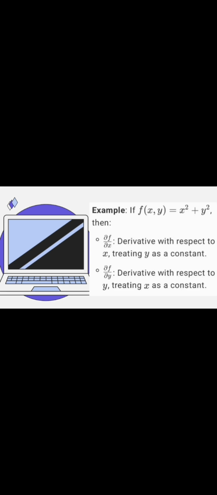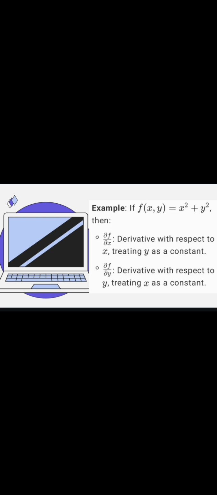We will get its partial derivative with respect to x, treating y as a constant. And for y, this is the partial derivative of our function f with respect to y, treating x as a constant.